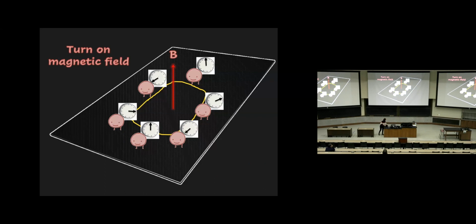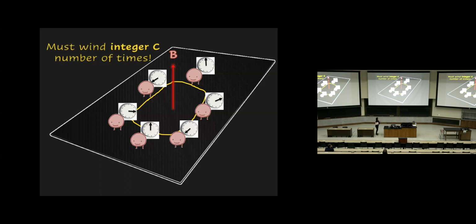Similarly, this is also a case where it's topological, where if you look at this hand, it rotates twice, right? So now you see the pattern. As long as it winds by integer times, it's topological, where that integer is not zero.